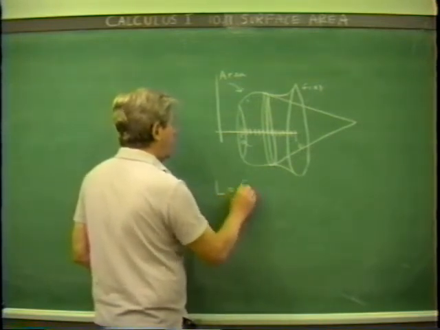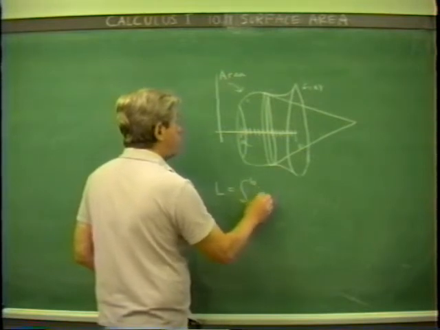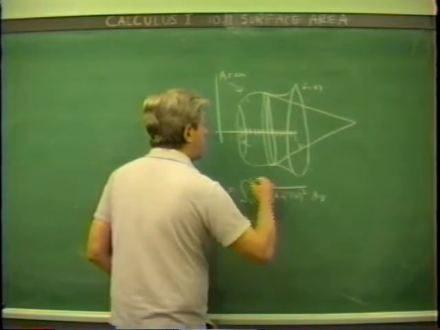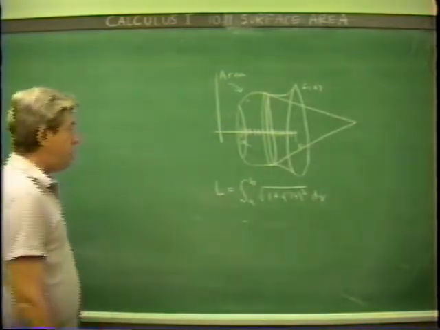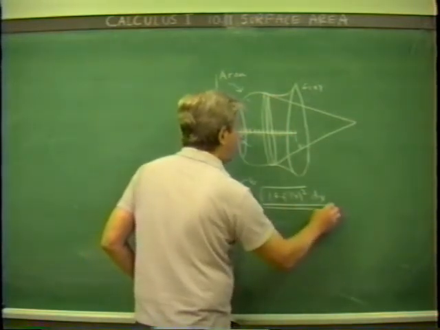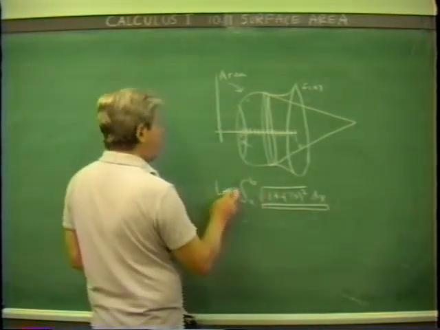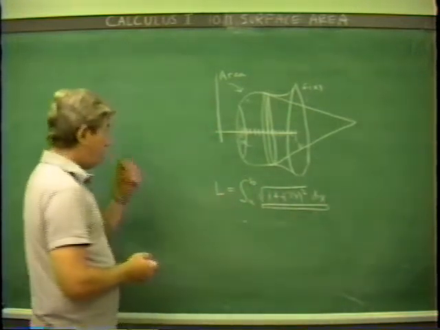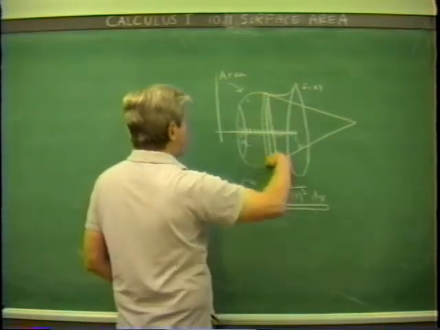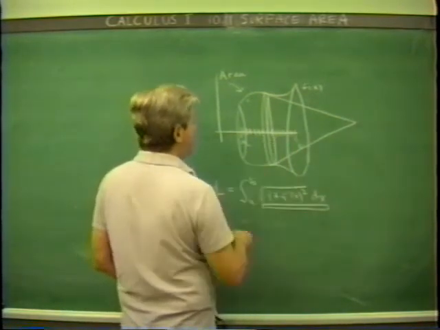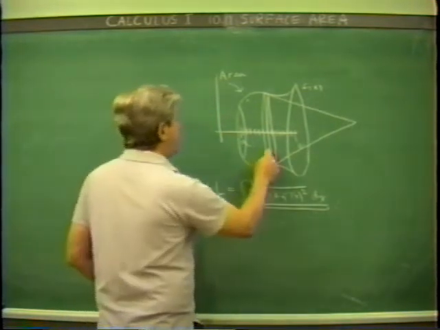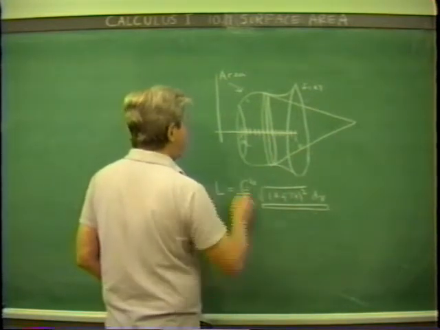Now, if you recall, the arc length formula says that the arc length is the integral from a to b of square root of 1 plus f prime of x squared dx. Right? This element right here is a small element of length. And computing this length is like adding up all of these individual elements of length. Well, it turns out that the area at the bottom of this cone is approximately what you would get.